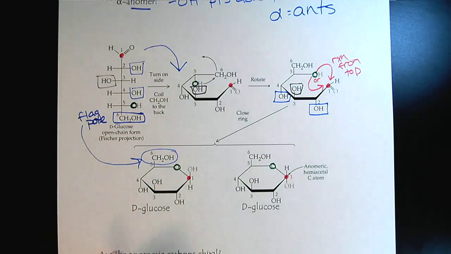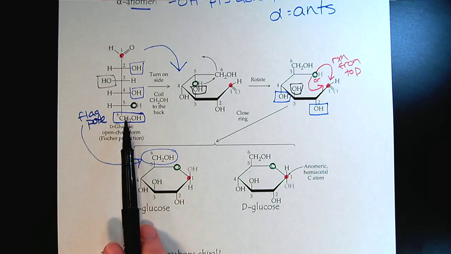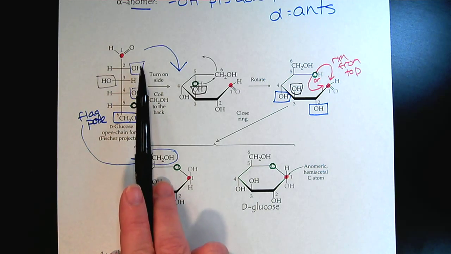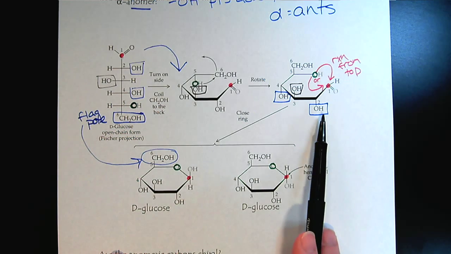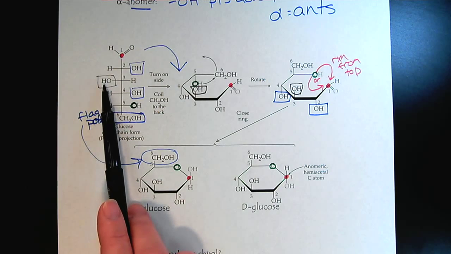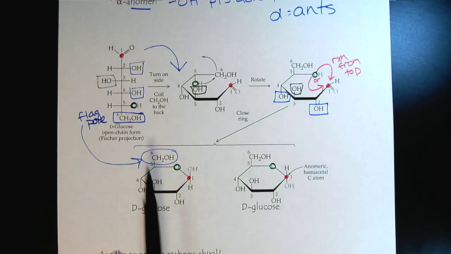So one of the skills that you want to have for this chapter is you want to be able to take a Fischer projection and turn it into the Haworth. And so right now we've been focusing on the ring structure, but it's also important to notice the positions of the hydroxyl groups. So remember that hydroxyl groups on the right will point down in the Haworth, and hydroxyl groups on the left will point up. And then here is our flagpole.